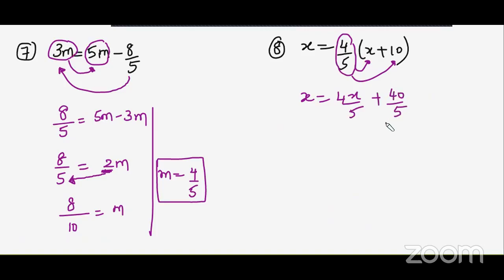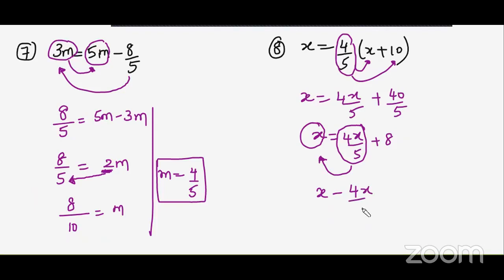It's 4x upon 5 plus 8. Now 4 upon 5 is obviously smaller than 1, because the coefficient is not written, that means it's 1, right? So we'll shift the 4x upon 5 to the left hand side. Nothing to shift to the right, because it's a single term. So x minus 4x over 5 equal to 8. What's the denominator? Yes, it's 5.